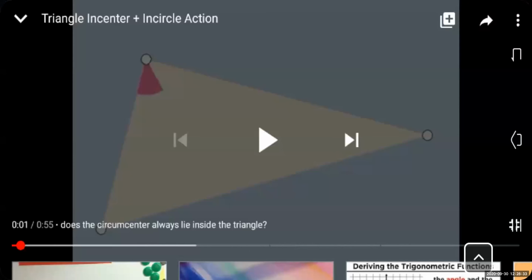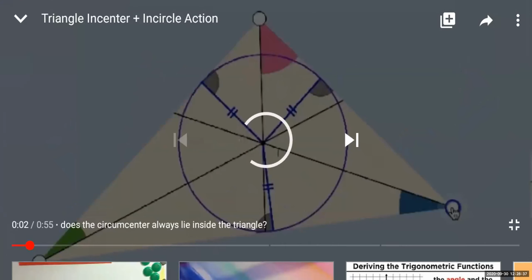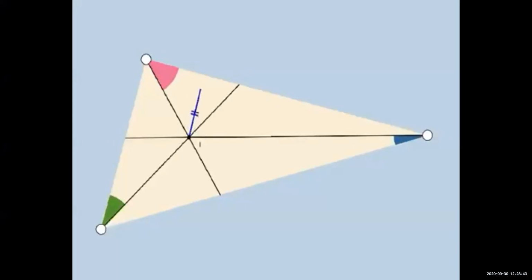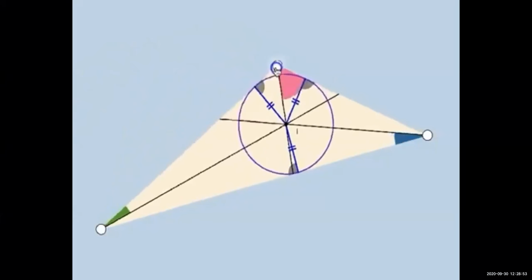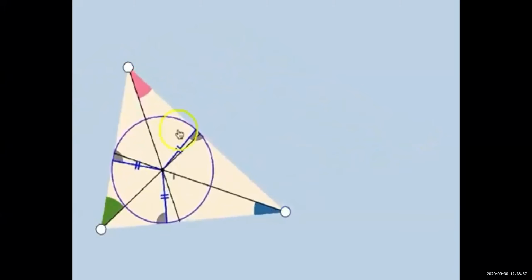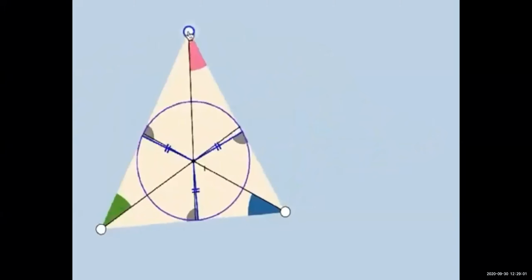Now it is about the incenter, and for that the incircle. For that we need to find the angle bisector, which means the angles are divided equally. This is the perpendicular distance from the center, and here it is the incircle. If you change the type of triangle, any type, the incenter is inside the triangle only.